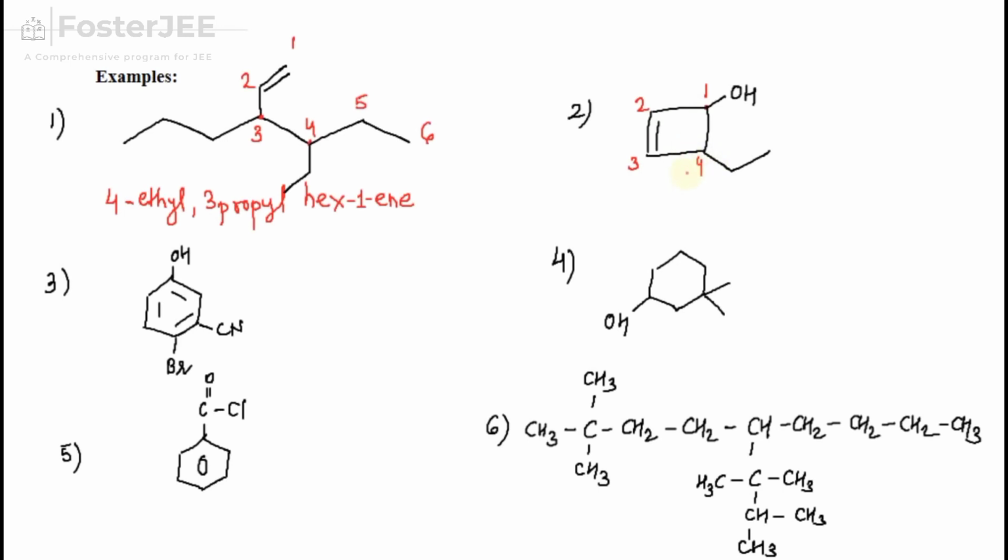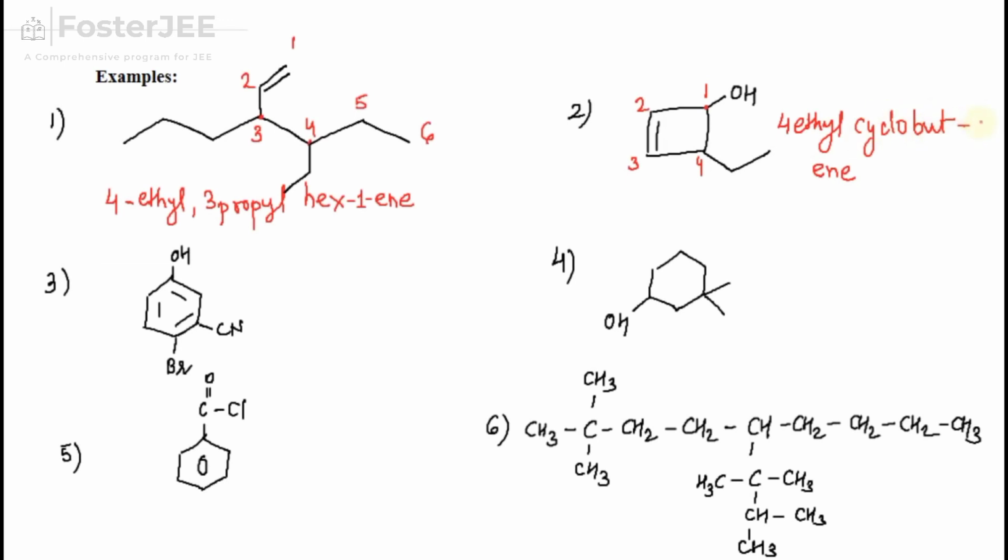Now here we can see that at the fourth position an ethyl group is present. So 4-ethyl cyclobute. Here the primary suffix is "ene" because one double bond is present. It is present at the second position.